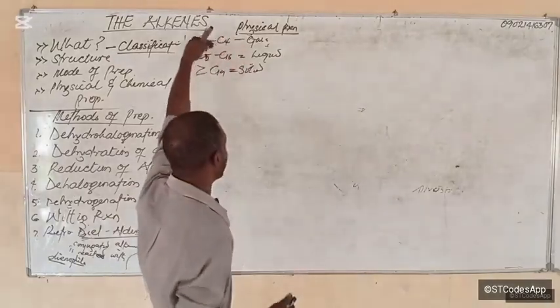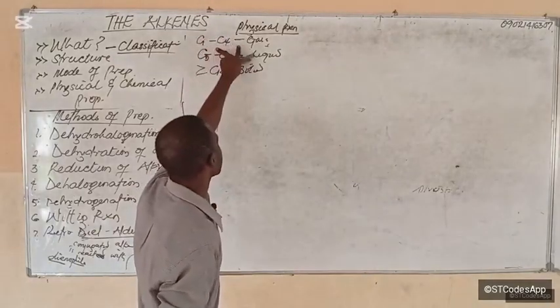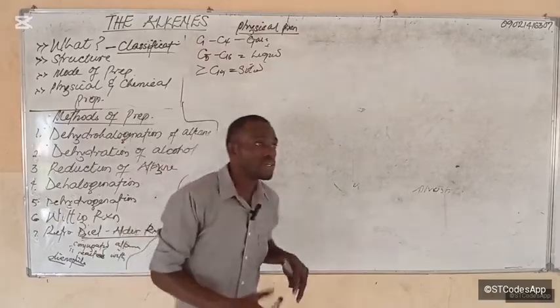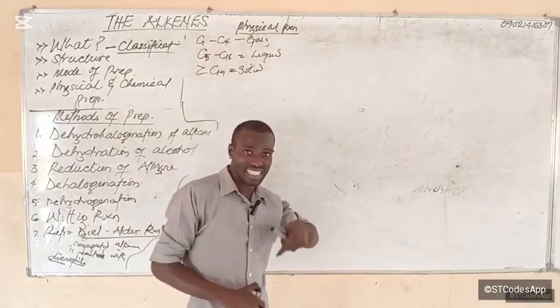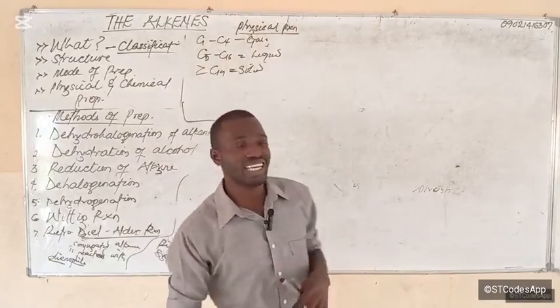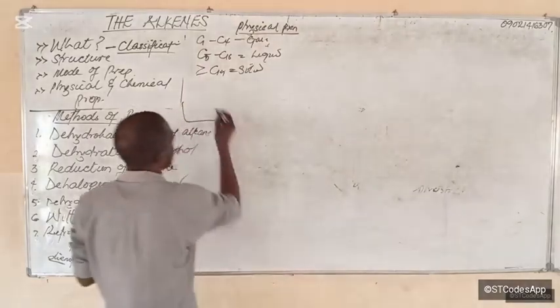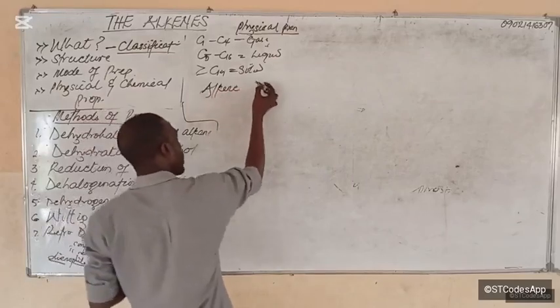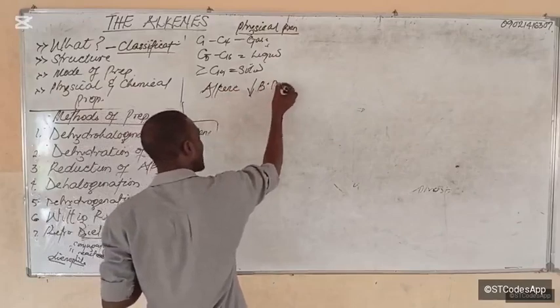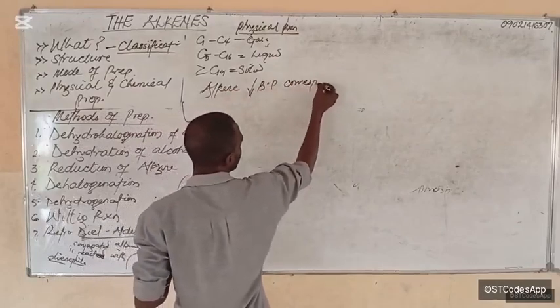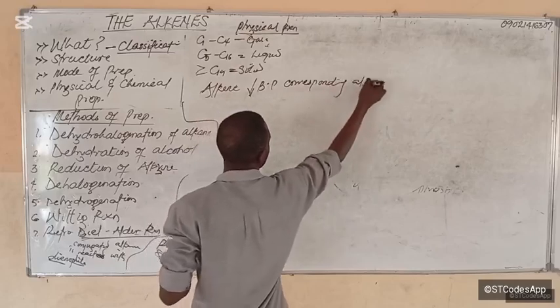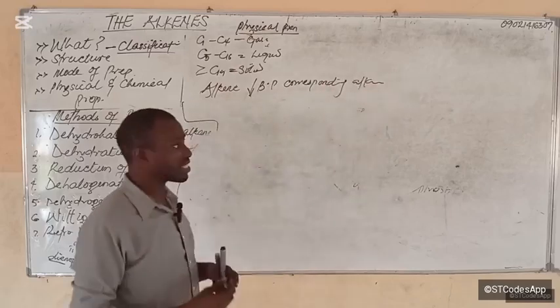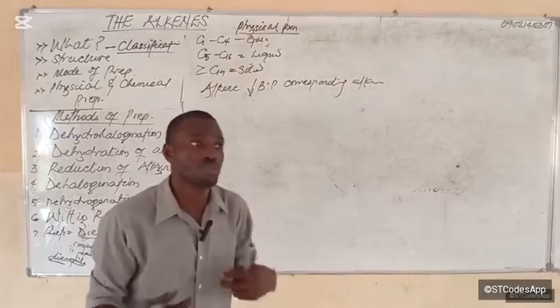Now, another thing with these is that their melting point also increases. But what happens is that a particular alkene will have a lower boiling point than its corresponding alkane. Why? Because the double bond is easy to break.